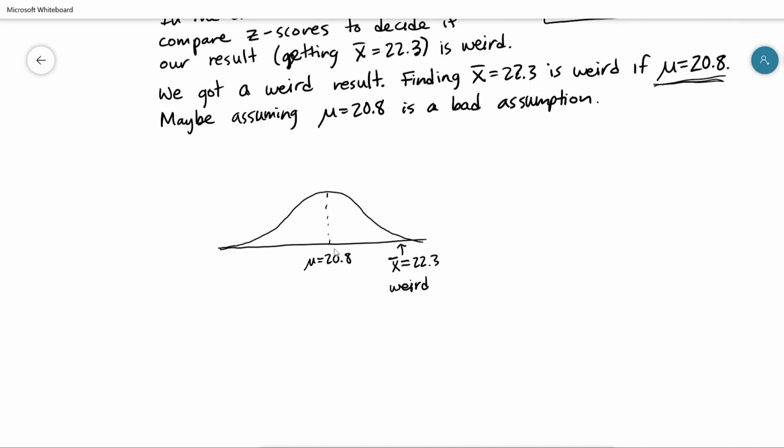Okay. If instead our curve is actually over here, if this is where our curve is, now it's not such a weird result on that one.